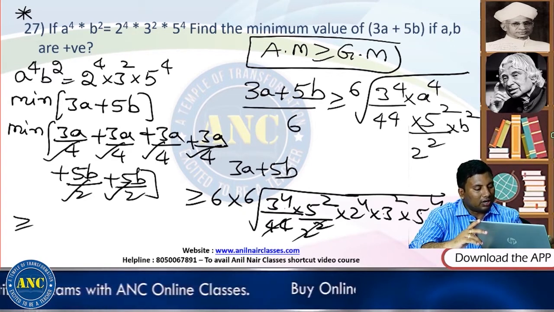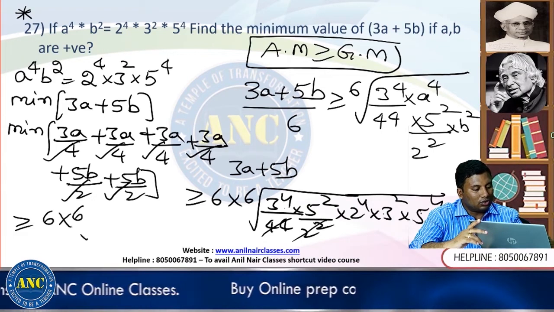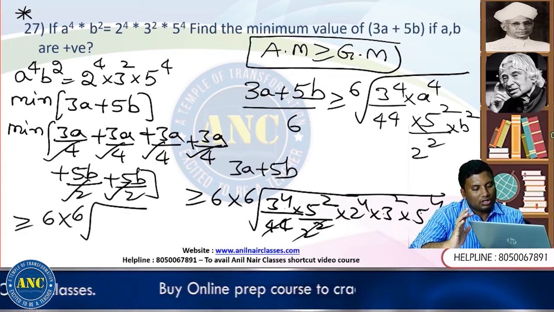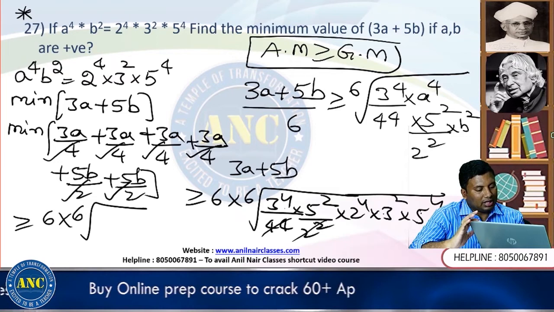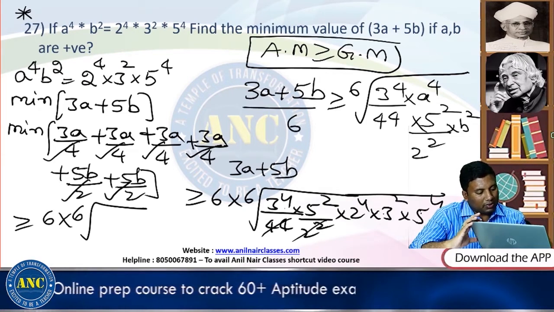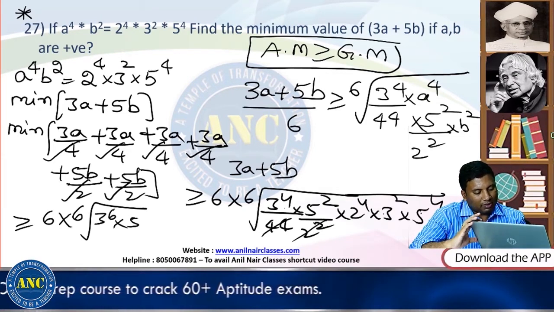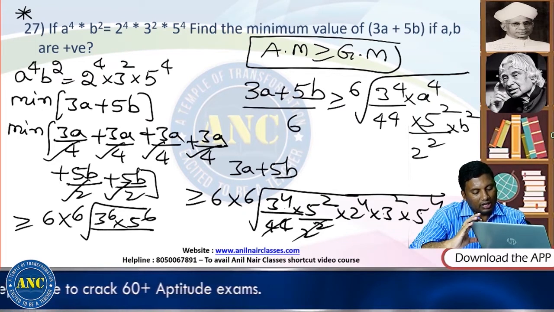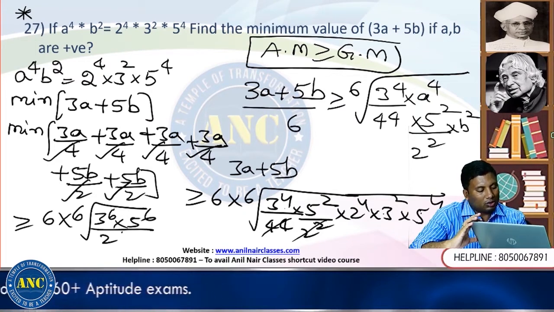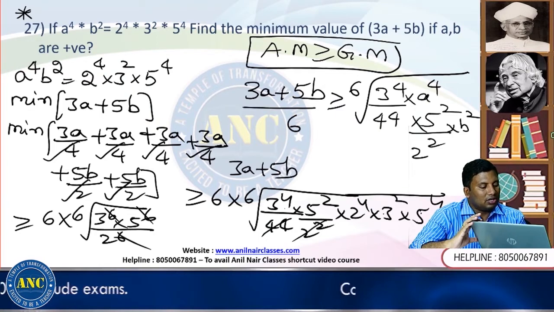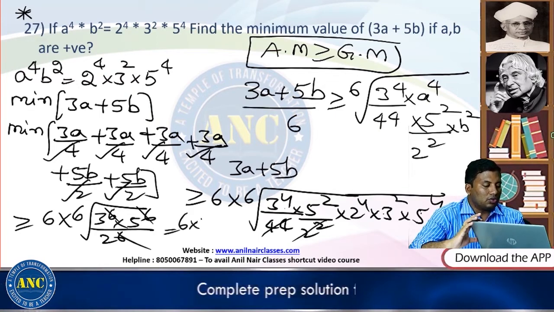So what did I get? 6 into the 6th root of 3 power 6, 5 power 6 divided by 2 power 10 and 2 power 6, all will go away. So 6 into 3 into 5 by 2.